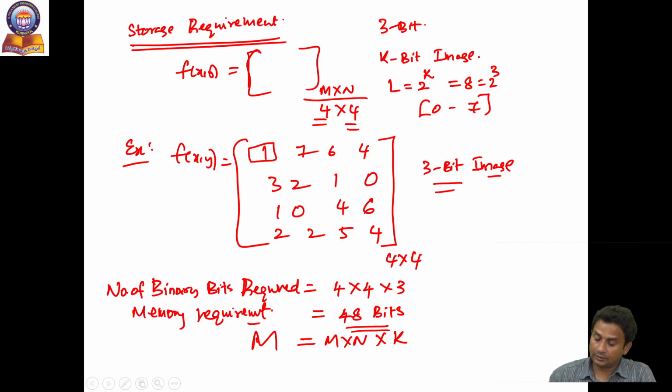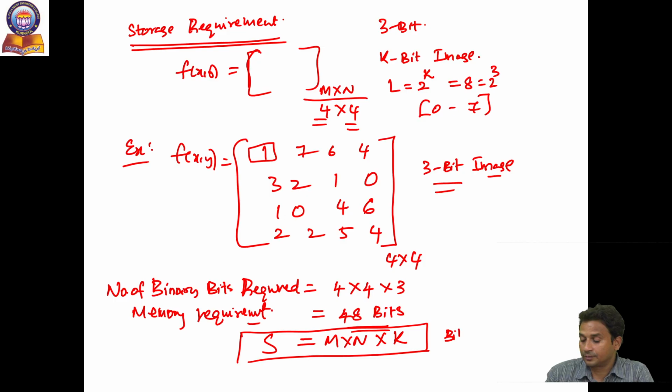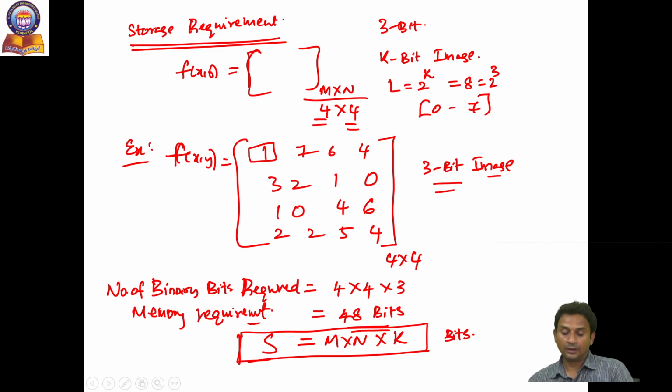Let us use S for storage requirement. S is m into n into k bits. That's it. So this is how a digital image is represented, and how we can estimate the storage requirement for a digital image.